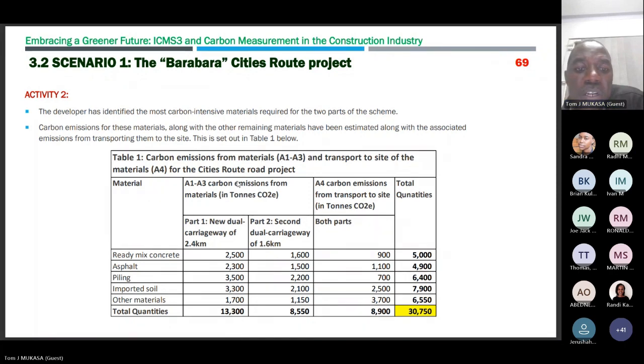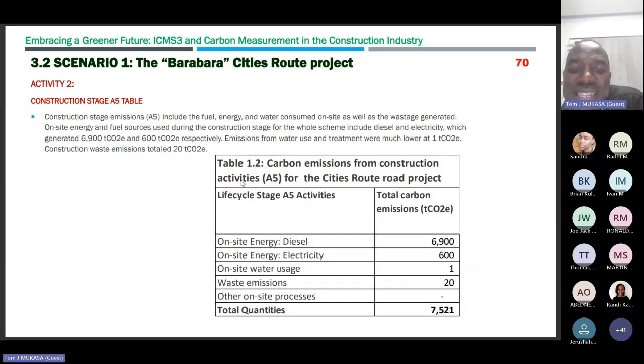So these are the carbon emissions from transport to site, and then these are the total quantities. Once you have that, then you can go on to the site activities. Mainly in construction, we have things like fuel, diesel, you could have some electricity, you could have water usage, you could have waste emissions and other processes. And also we add that up.